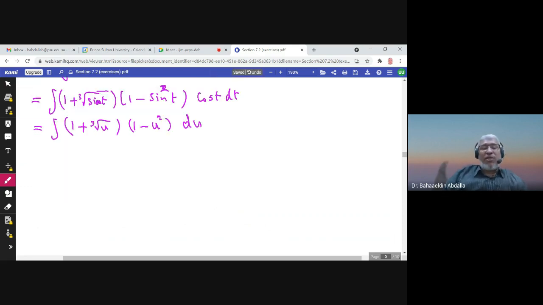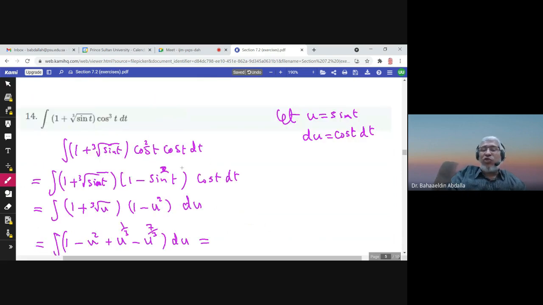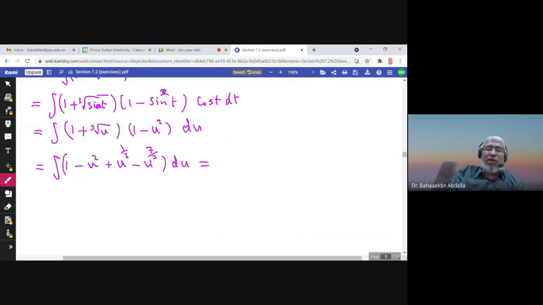Well, I have two parentheses here, so let us expand. 1 times 1 is 1. 1 times negative u square is negative u square, plus cube root of u times 1 is u to the power 1 over 3, minus u to the power 2 plus 1 over 3 is 7 over 3. So that's it. You can continue easily, find the integral and change u to sine t, and you will get the answer.